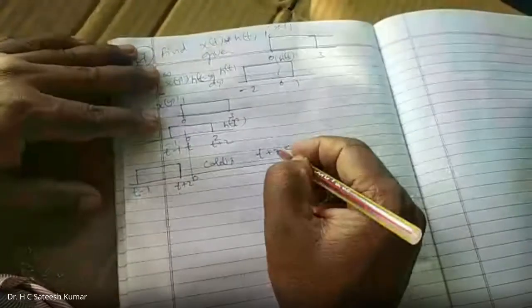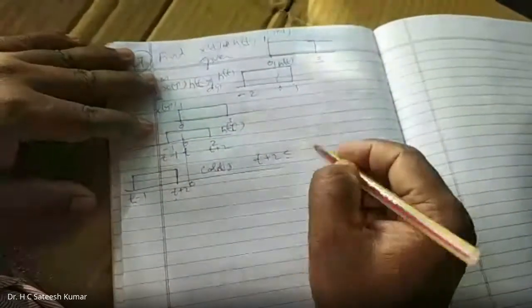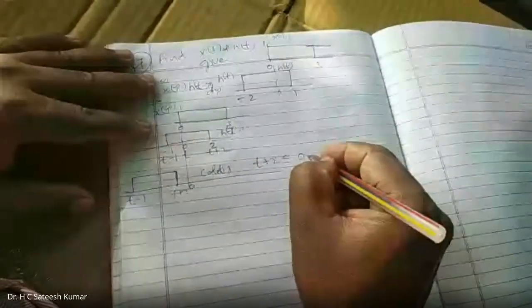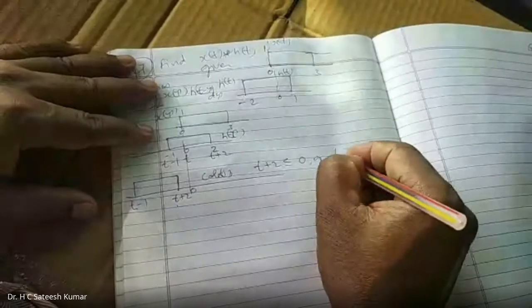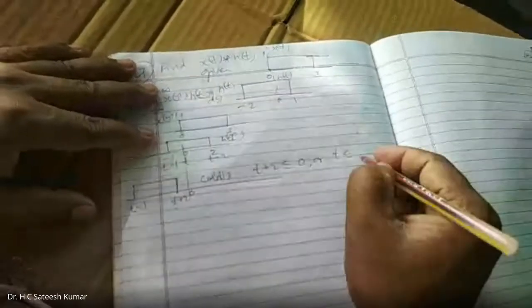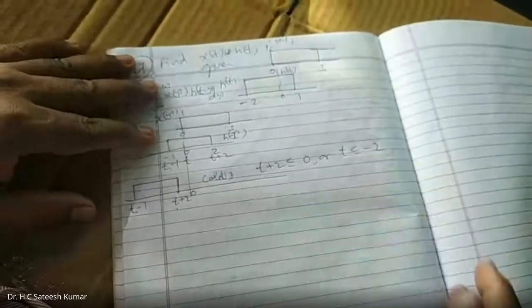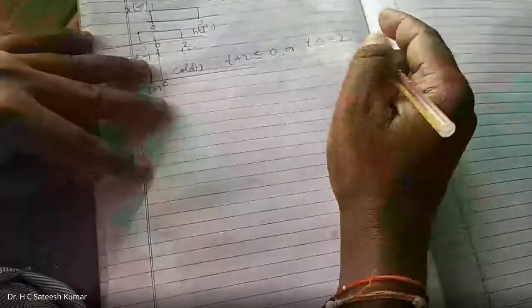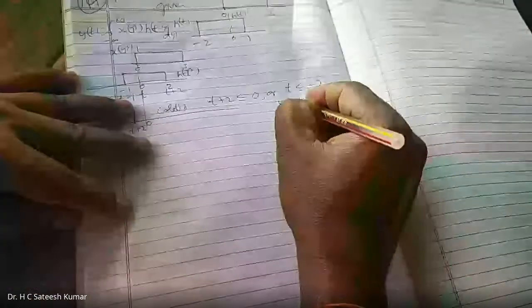Therefore, the answer will be 0. That is, t plus 2 is less than or equal to 0, or t is less than or equal to -2; you keep the answer in terms of t only, so verification becomes very easy. Therefore, y of t is equal to 0.